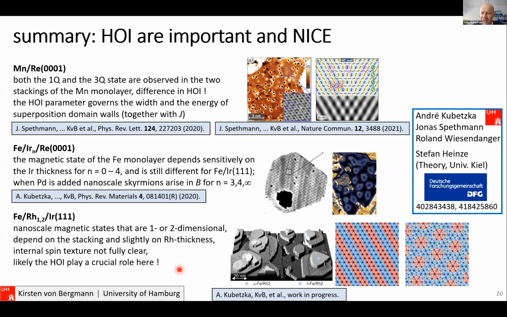Thank you. So how is it actually with frustrated systems? In frustrated systems, it's usually argued that all these interactions are frustrated. But now when these higher order interactions come into play, which I have not been aware of too much up to now, don't you then break the degeneracy of the ground state? Yes. In the very simple Heisenberg model, this row-wise antiferromagnetic state and the superposition state are degenerate.